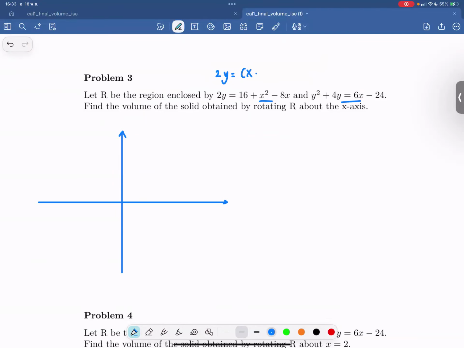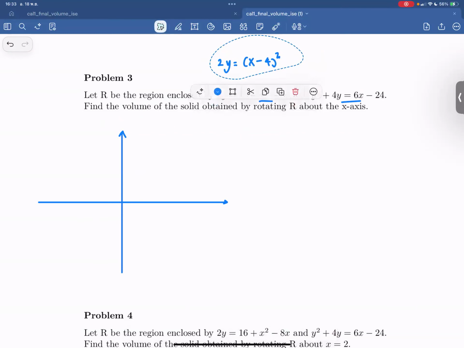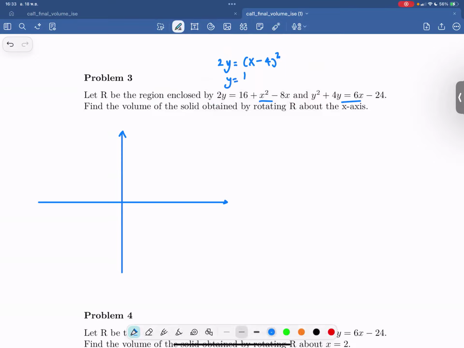I do a completing square over here, x minus 4 squared, right? And then we get the function y equal to 1 over 2 times (x minus 4) squared. So the first parabola is with the vertex minus 4 and then 0. And then it's an open up parabola like this.